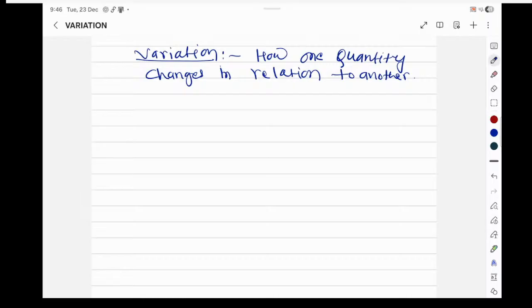Variation means how one quantity changes in relation to another. So variation means how one quantity changes in relation to another.